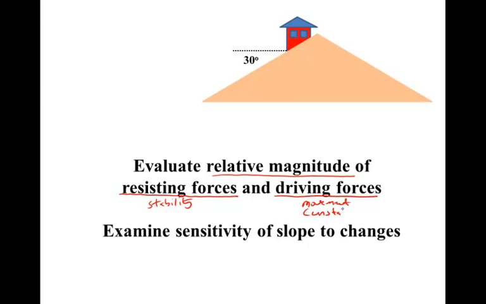Forces that promote movement make the slope unstable. We're going to evaluate the relative size of the resisting forces and driving forces acting on a slope, and then examine how likely they are to change. How close is the slope to failure, and what might affect the stability of the slope enough to make it unstable?